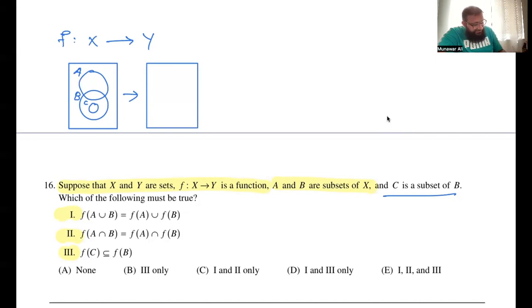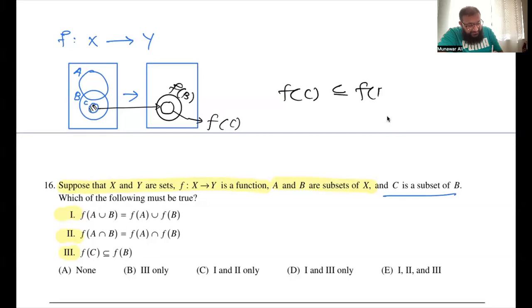It says that, okay, for example, I have a set B, then there would be something inside Y, which I call f of B. And I have a set C inside this, and obviously there would be a set with the name f of C, and f of C must also be contained in f of B. This can be shown easily by using some sort of tricks to show containment of a set in another set.